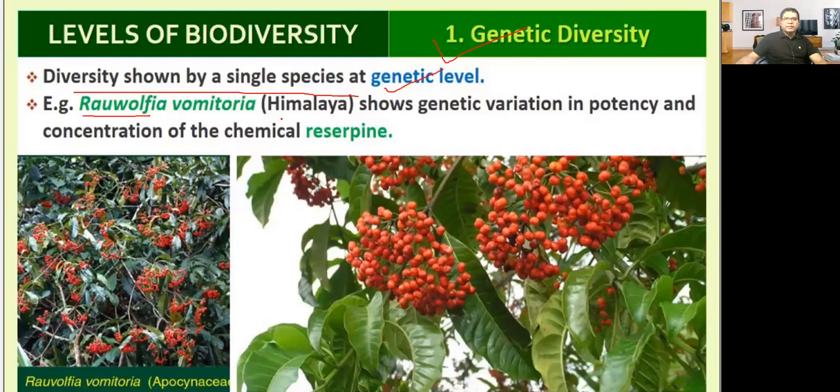It is a plant present in the Himalayan region. It shows genetic variation in the potency and concentration of the chemical reserpine.